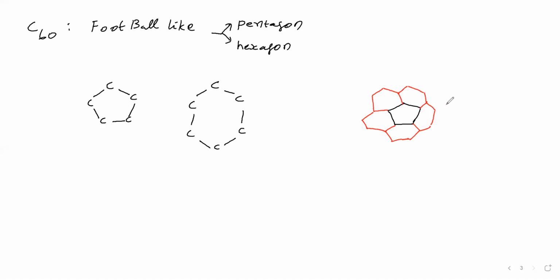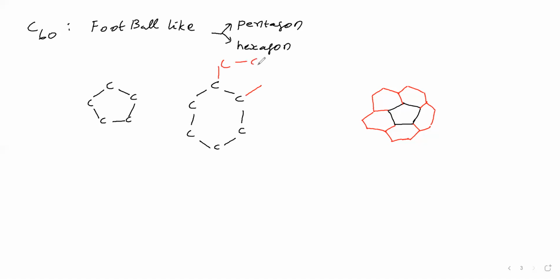So in the C60 fullerene, 5-membered rings are connected only to 6-membered rings. Okay. So this 5-membered ring is surrounded only by hexagons. But this hexagon will be surrounded by 5-membered as well as 6-membered rings.